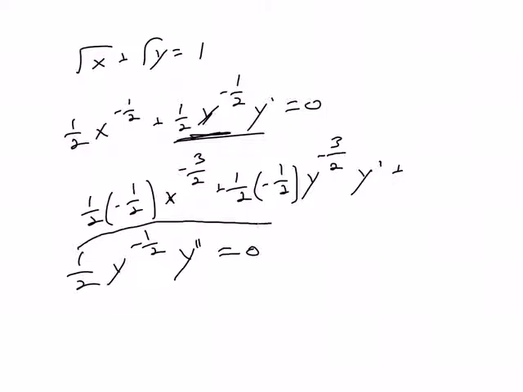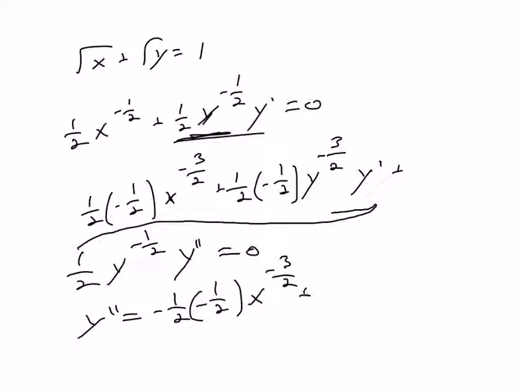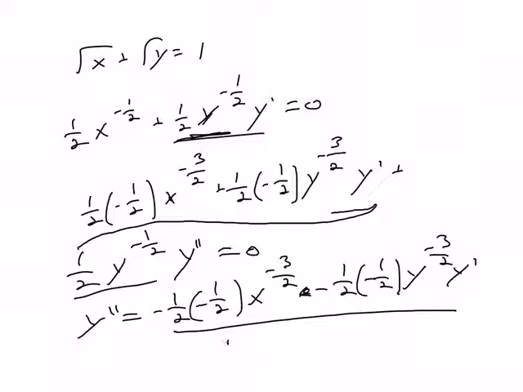So basically we move all this to the other side. So we're going to get y double prime is equal to negative a half times negative a half x to negative 3 over 2 plus, minus a half times negative a half times y to negative 3 over 2 y prime, all over this, which is a half y to the negative a half.